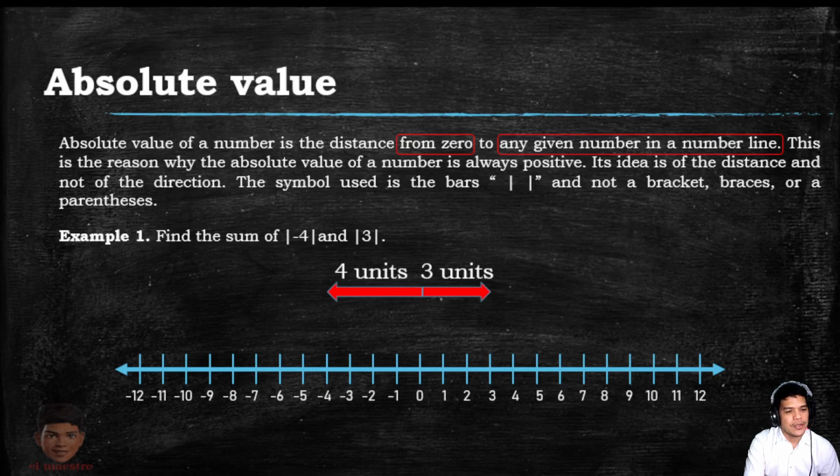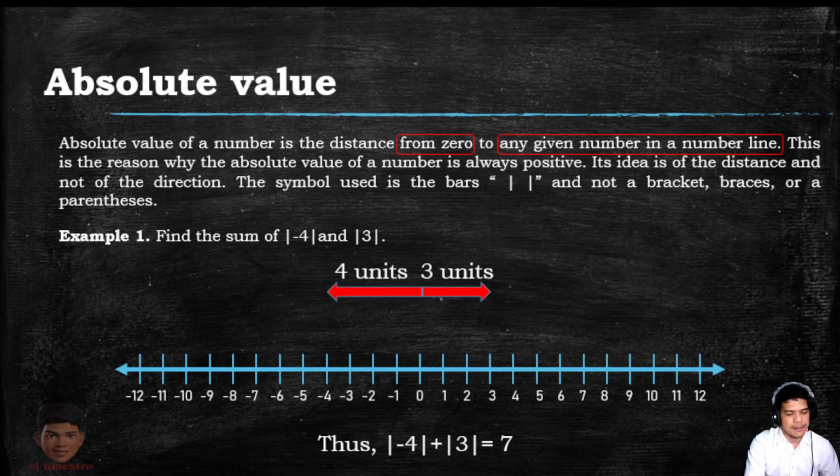The problem states that we have to find the sum of these two absolute values. So, thus, the absolute value of negative 4 plus the absolute value of 3 is equal to 7.